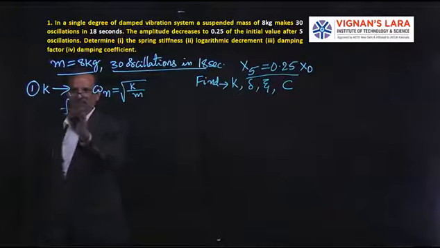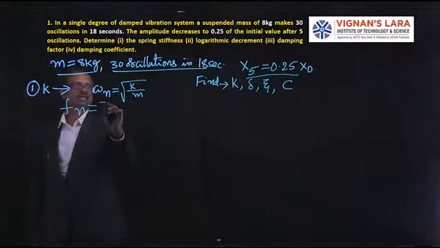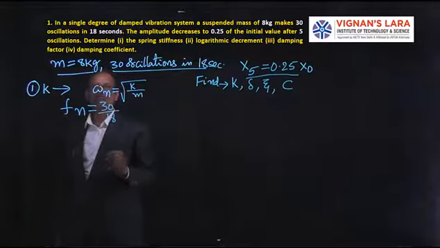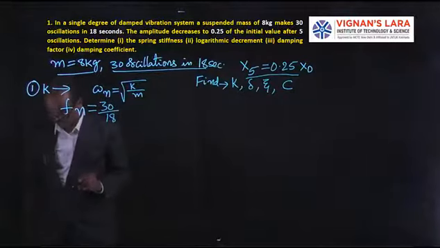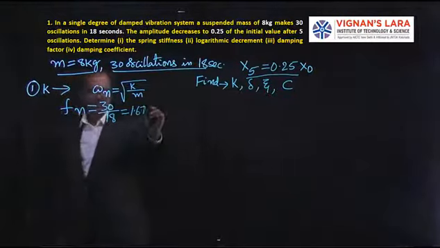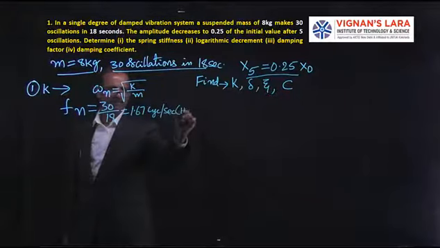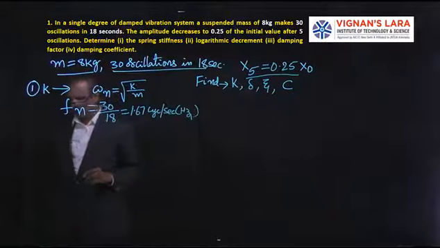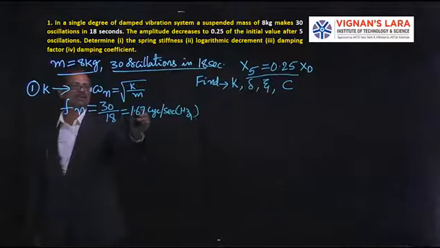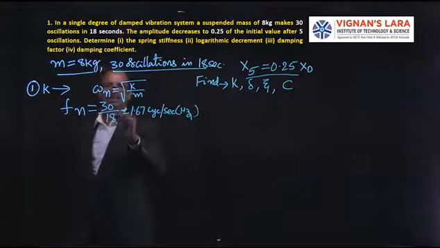You know fn. 30 oscillations are completed in 18 seconds, so fn is 30 by 18, which is 1.67 cycles per second or hertz.